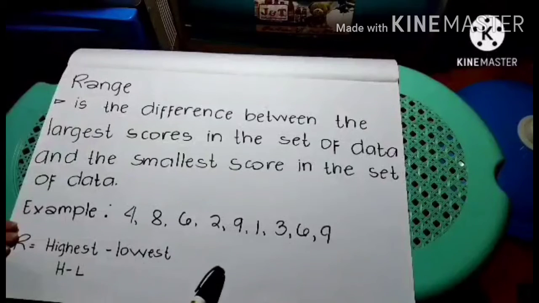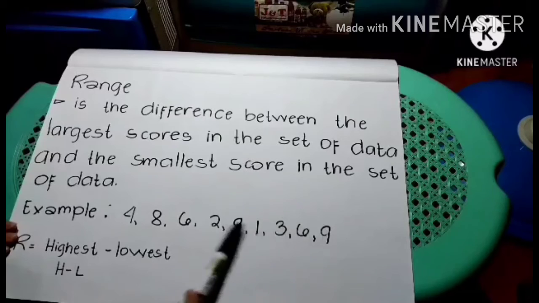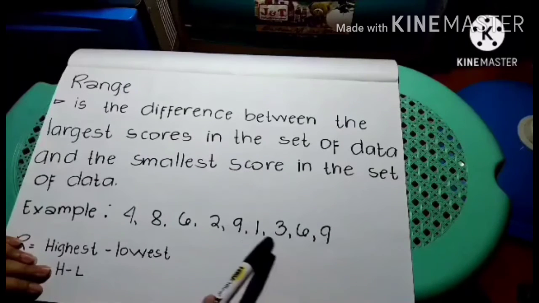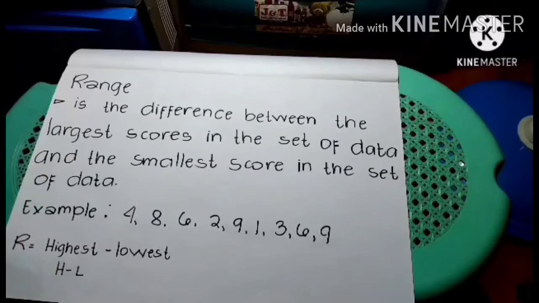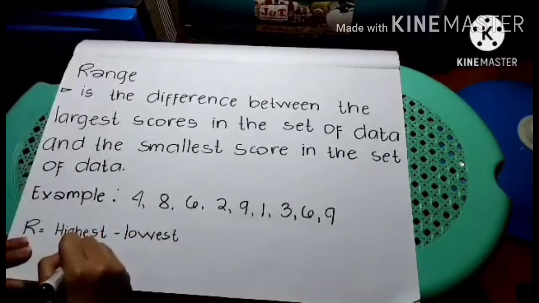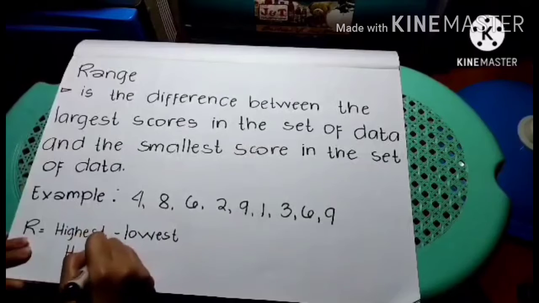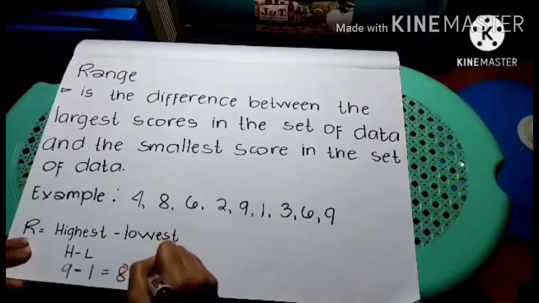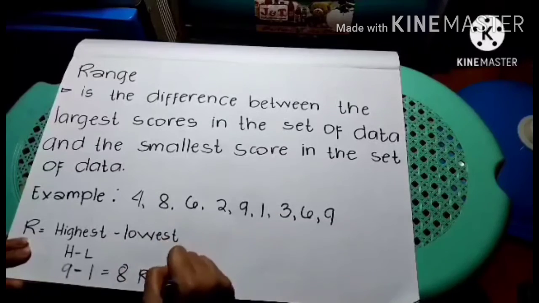To get the range, we subtract the lowest from the highest. Our highest is 9 and our lowest is 1. So 9 minus 1 is equal to 8. So our range is 8.